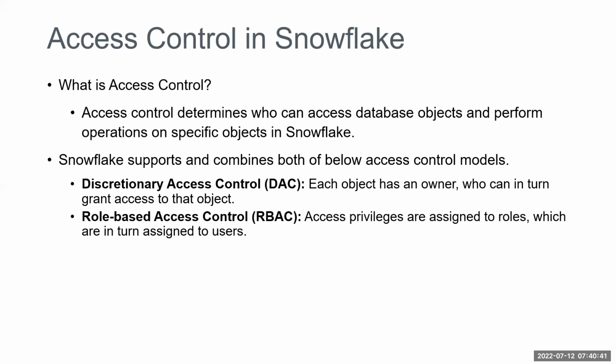But there is another model called role-based access control, where access privileges are assigned to roles, and those roles are assigned to the users. Suppose in my organization there are multiple teams. In my project I have a developers team, a testers team, a business analyst team, end users who will be using the data finally, and a leadership team who will be making decisions over my business.